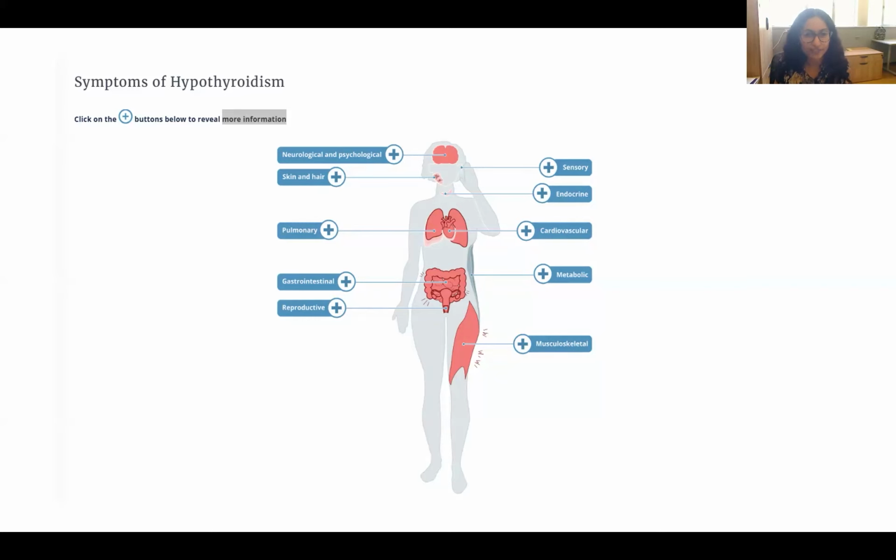So this is a condition where testing becomes really important, both the application of tests as well as the interpretation of results. The one thing I do try to discern from the history and physical exam is if I am suspicious at any level for a central cause of hypothyroidism.